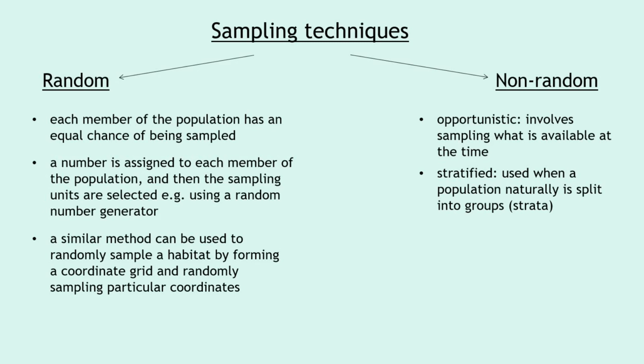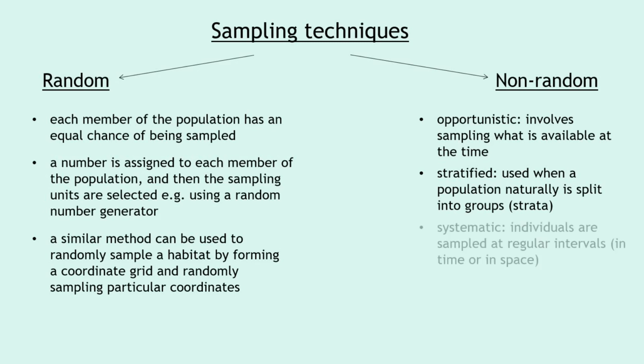You use a bit of ratio and proportion to work out how many individuals you sample from each category, from each strata. And so the ratio of individuals of each category in your sample will reflect the makeup of your population.